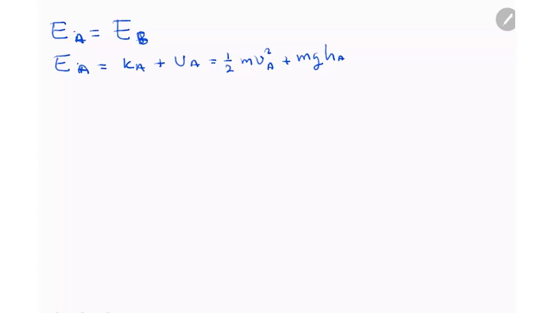And the same for the energy at the point B. The energy at point B is equal to the kinetic energy at point B plus the potential energy at point B, which is 1/2 of the mass times velocity at point B squared plus mass times gravity times the height at point B.